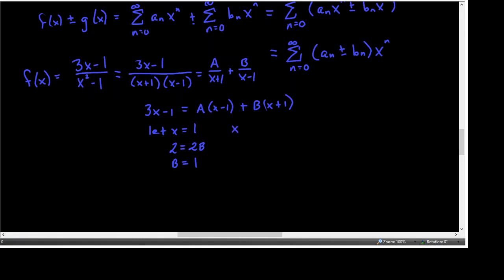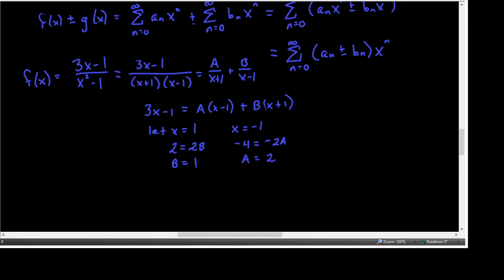Then if we let x equal negative 1, negative 1 times 3 is negative 3 minus 1 is negative 4. Negative 1 minus 1 is negative 2, so that's negative 2a, plus negative 1 plus 1 is 0, that term becomes 0. Dividing by negative 2, we get that a is 2.